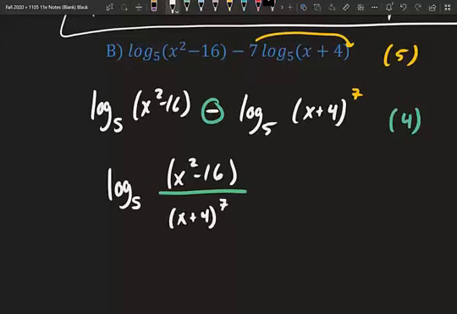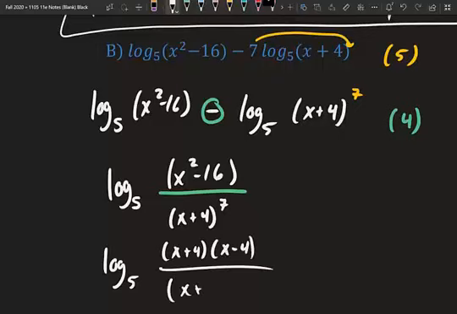Now, how do I know if I'm done? I need to know, can I factor anything? Can I simplify anything? I can factor the top. So we can factor the top into (x plus 4)(x minus 4), over (x plus 4) to the 7th.